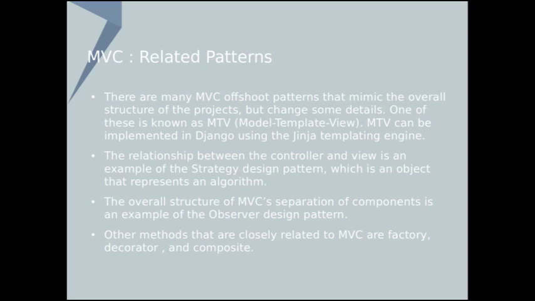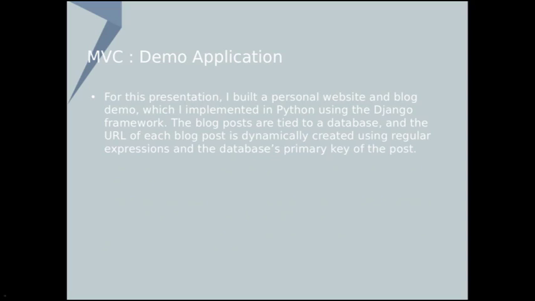The overall structure of MVC's separation of components is an example of the observer design pattern, where each of the different components are observing what is happening from the other components without actually being tied to them. Other design patterns that are closely related to MVC are factory, decorator, and composite.